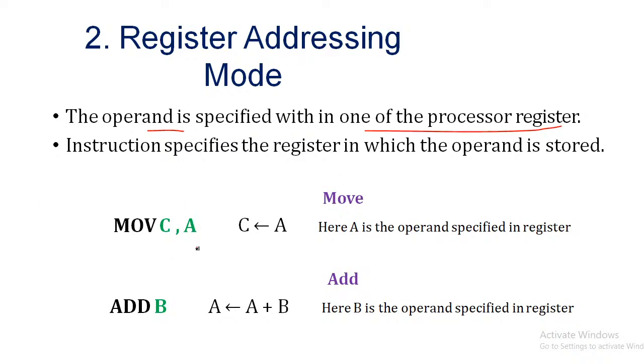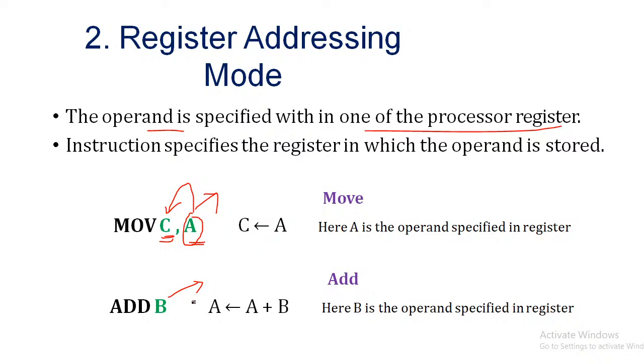That means here the 15H is not written explicitly, but here it is written A or B. Whatever is the content of the accumulator A, you are moving the content of A to the register C. This is the destination part and this is the source part. So this is a simple move and this is the register addressing mode.